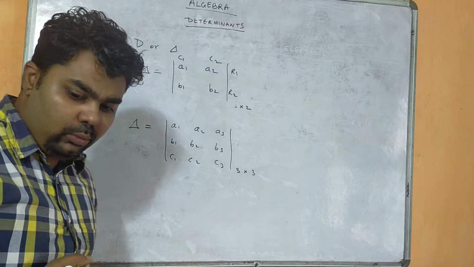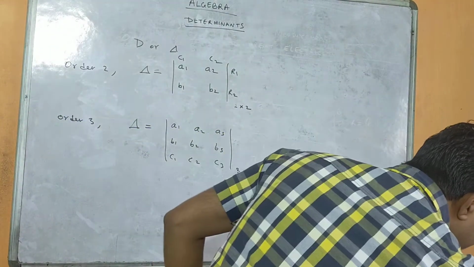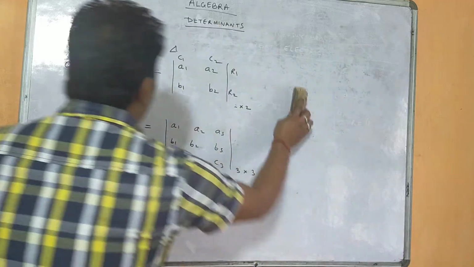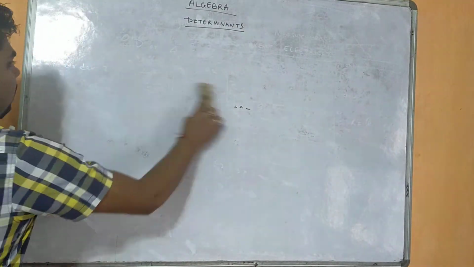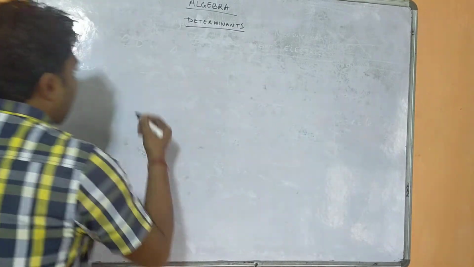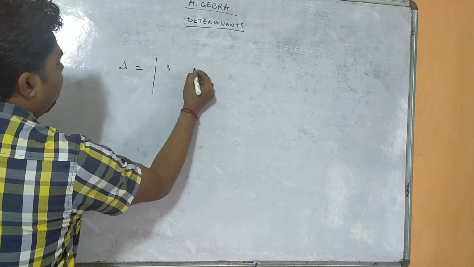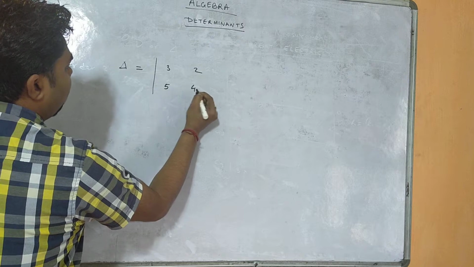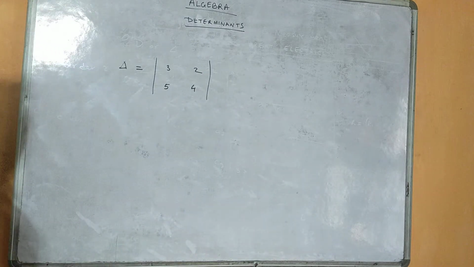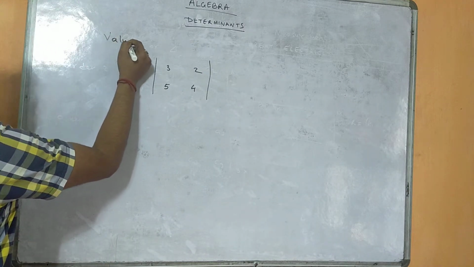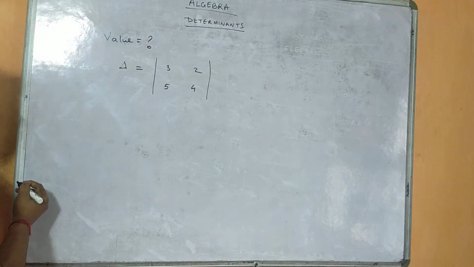Now find the value of this determinant of order 2, that means del equals 3, 2, 5, 4. This is the question.